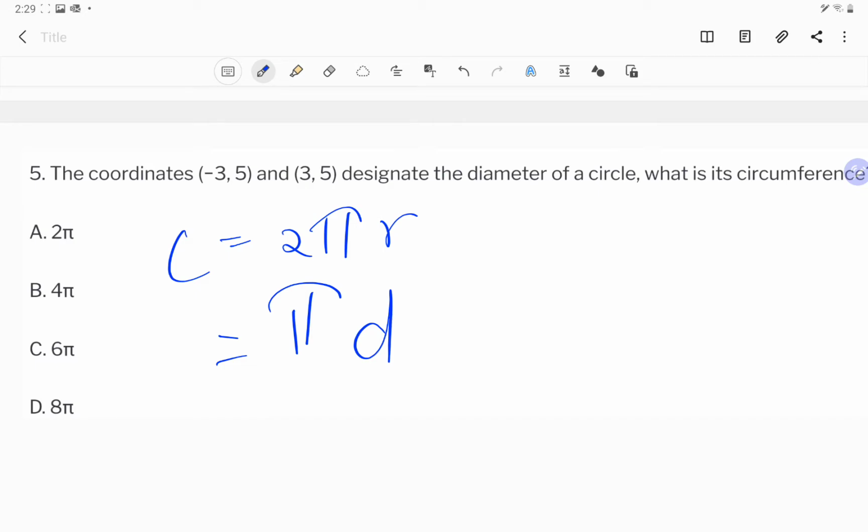So to find the distance between negative 3, 5 and 3, 5, we're going to use the distance formula.